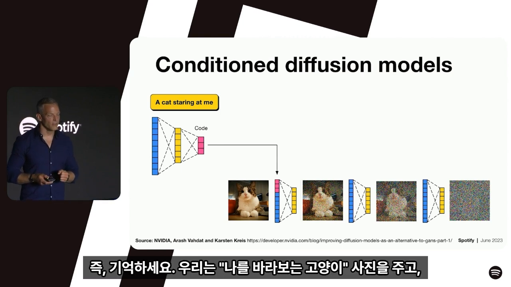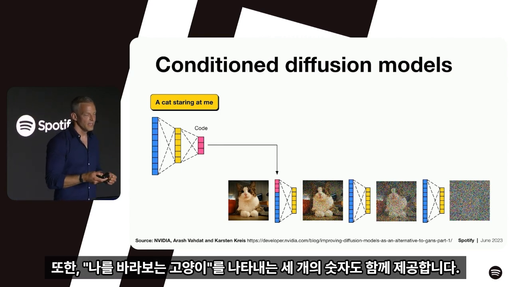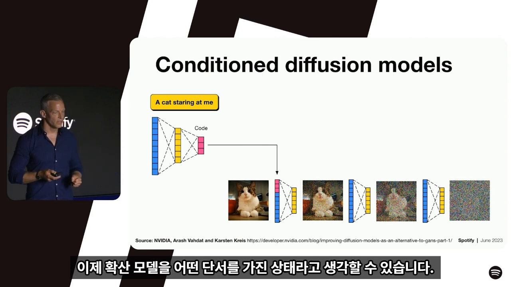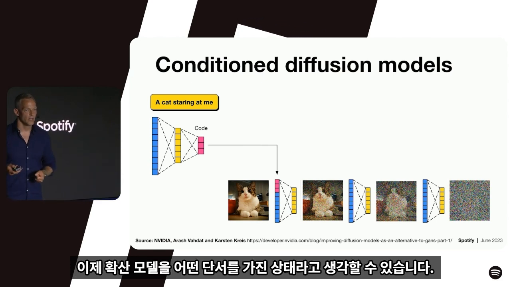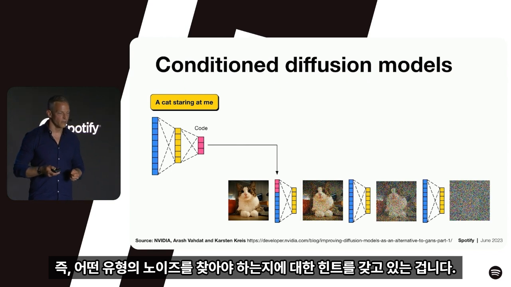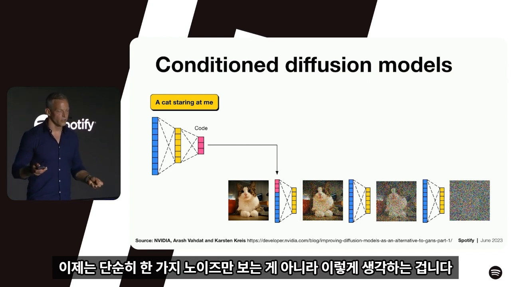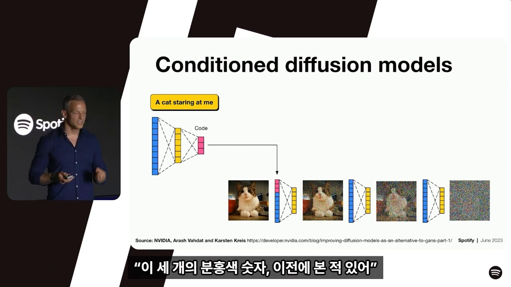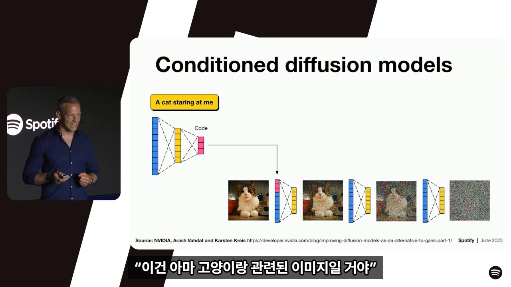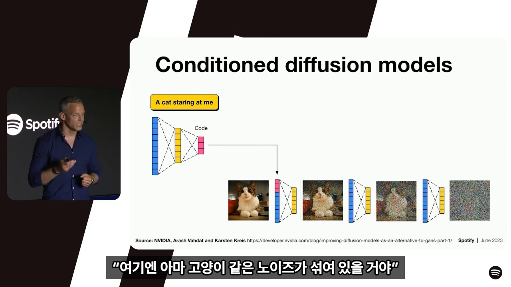So remember, we're giving it the picture of a cat staring at you, and we're giving it the 3 numbers that represent a cat staring at you. So you can think of the diffusion model now as having a clue about what kind of noise it's looking for. It's not just looking for one type of noise. It's going to say like, hey, these 3 pink numbers, I've seen them before. It means there's probably a cat in here, or there's probably cat-like noise here.